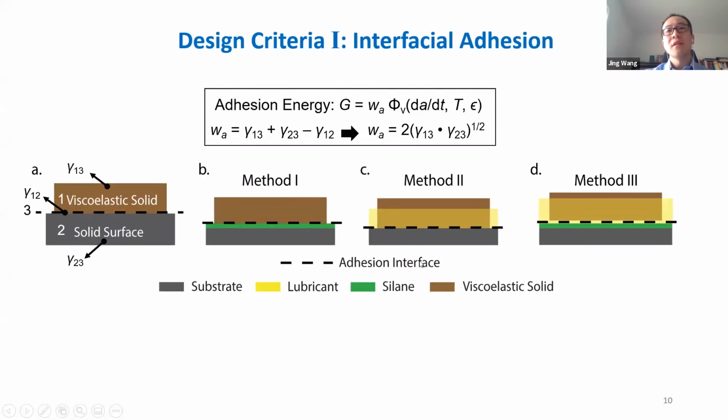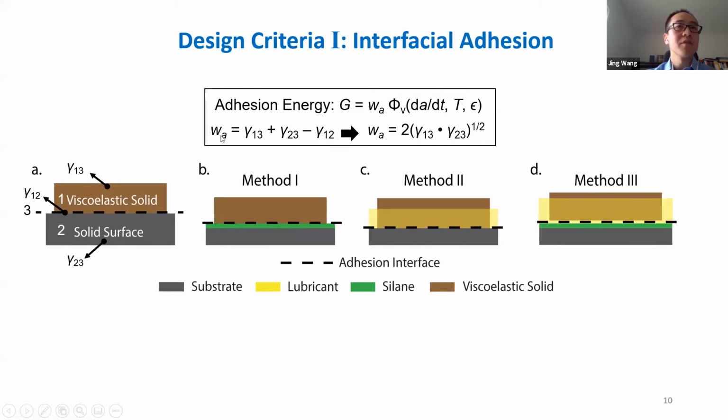Secondly, not only do we reduce the surface roughness, we also consider the adhesion energy, which is the work of adhesion multiplied with a function of physical parameters and environmental parameters. So we focus on the work of adhesion.